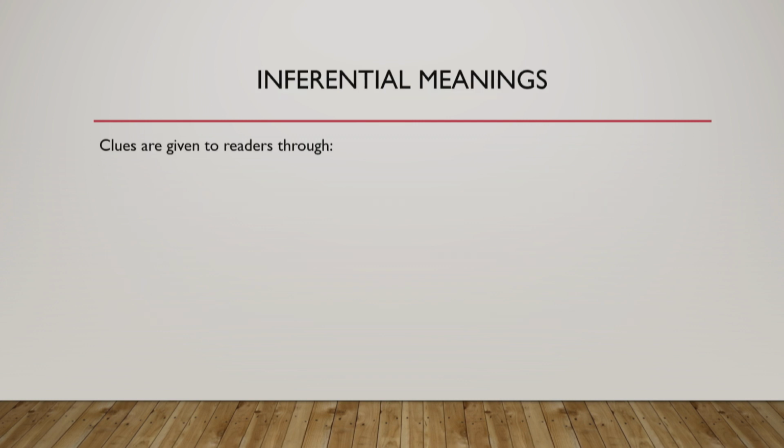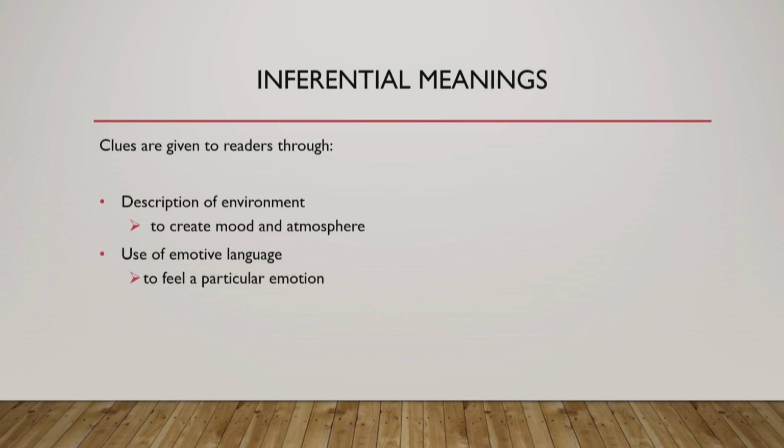However, meaning can also be inferred from the setting. That is, the writer gives clues to readers through a description of the environment to create mood and atmosphere, the use of emotive language to feel a particular emotion, and the use of sensory language which can stimulate your imagination and make you feel as if you are there.